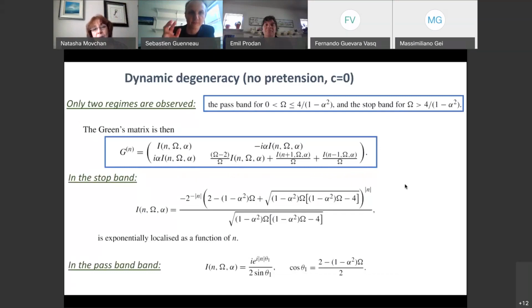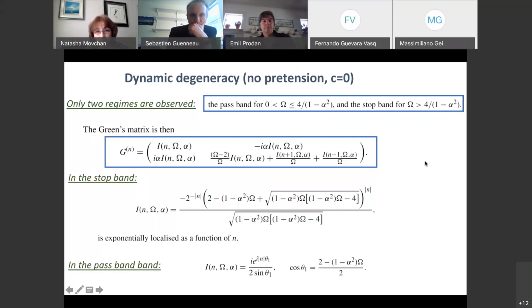Okay. So, just 2 moments. These are just the slides corresponding to the case: what happens if we remove the retention? So we say that there is no transverse tension anymore. We set this parameter C to 0. And in this case, we will have only 2 regimes.